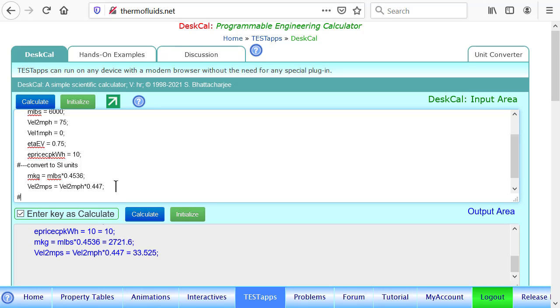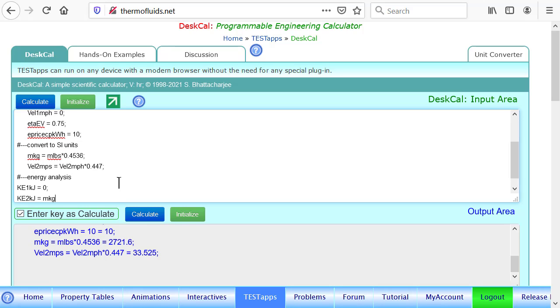Let's call up this block energy analysis. Just to simplify, we'll just say KE1 in kilojoule equals 0. Ideally, we should say velocity 1 in meter per second. KE2 in kilojoule is what? Mass in kg times velocity 2 in meter per second, squared, divided by 2000.